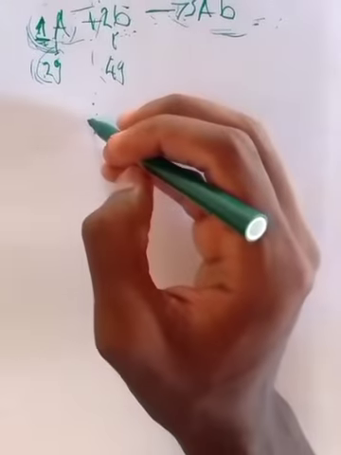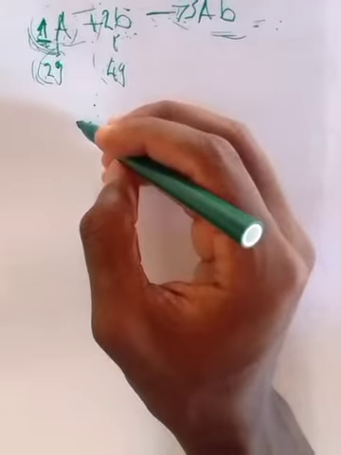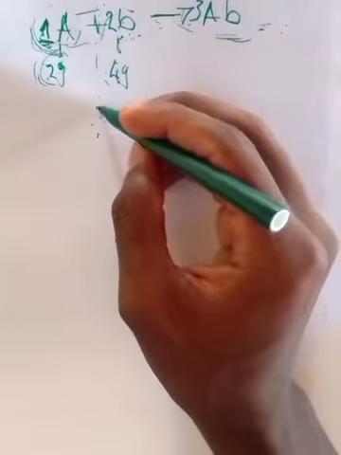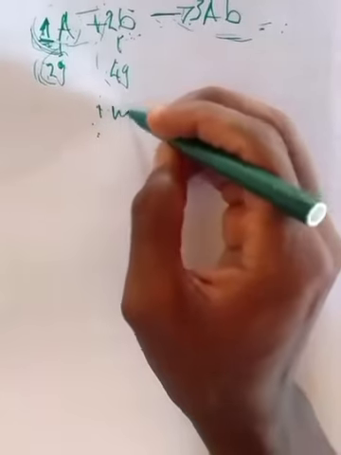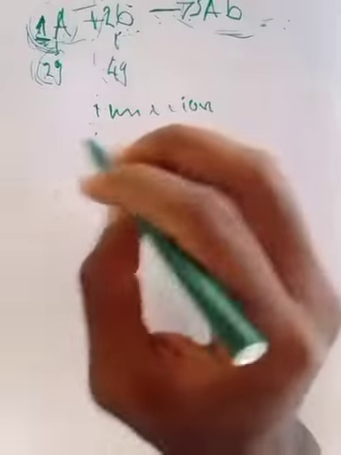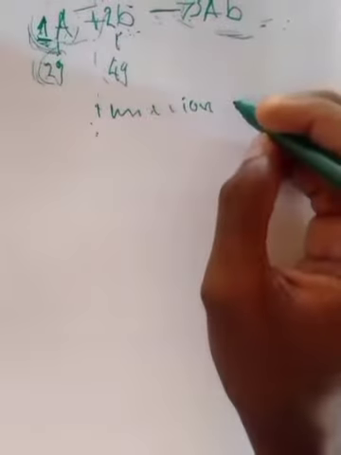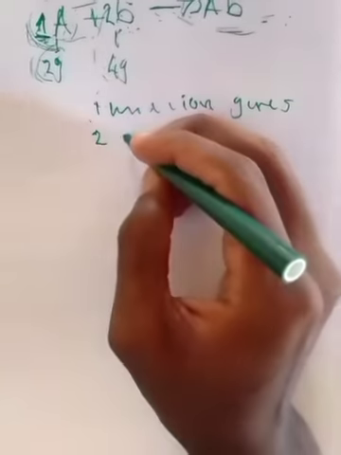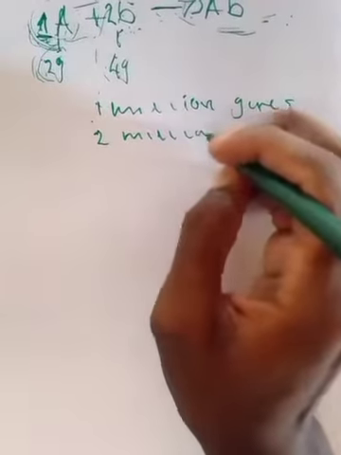Imagine, in the world, there are 1 million girls and 2 million guys.